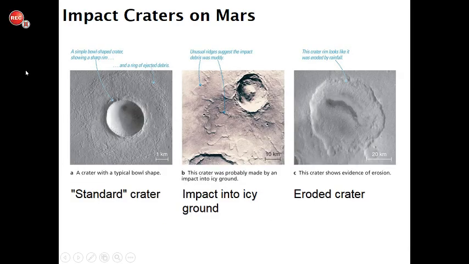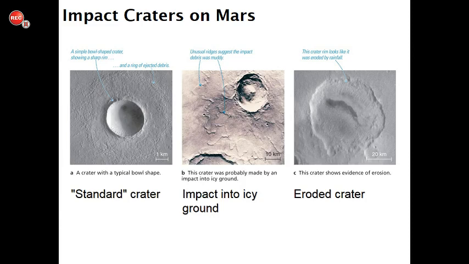Let's see. Different types of craters depend also on the surfaces and the other effects going on. A typical crater into dry rock is going to leave a bowl-shaped depression, the standard crater, and a ring of debris around it.